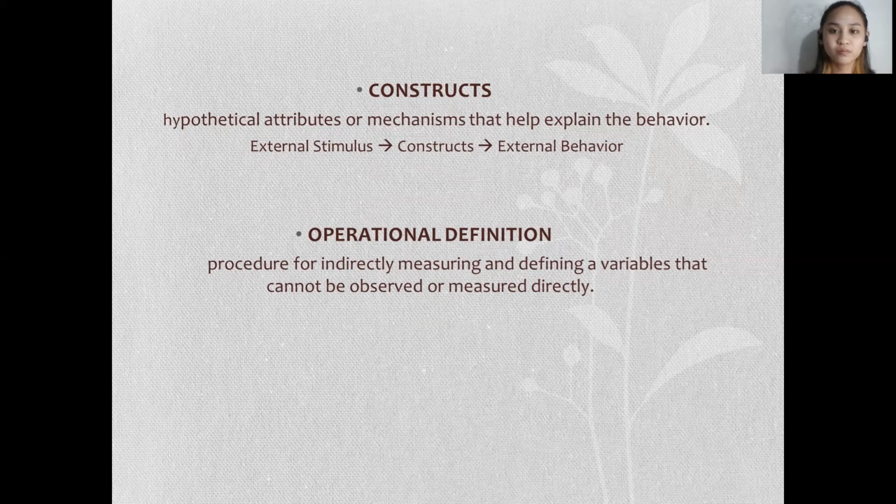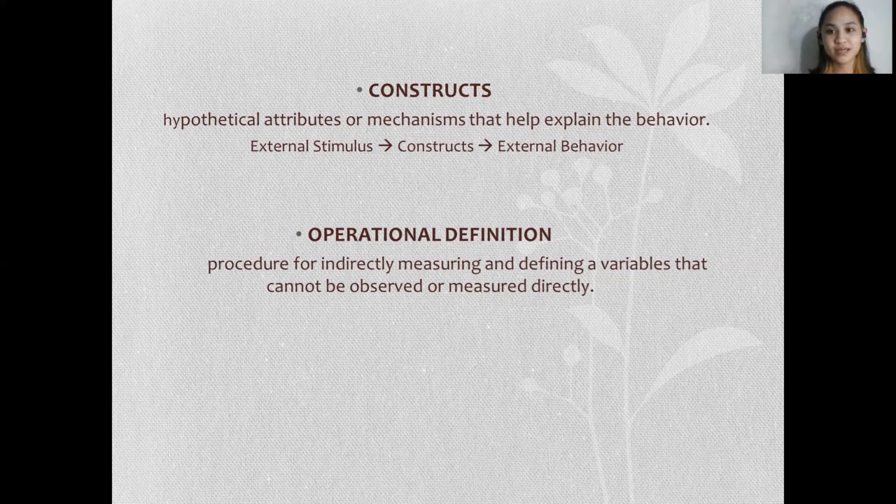Although constructs are hypothetical and intangible, they play a big role in behavioral theory, and can be influenced by the external stimulus and affect the external behavior. Example, the rewards can affect the motivation.